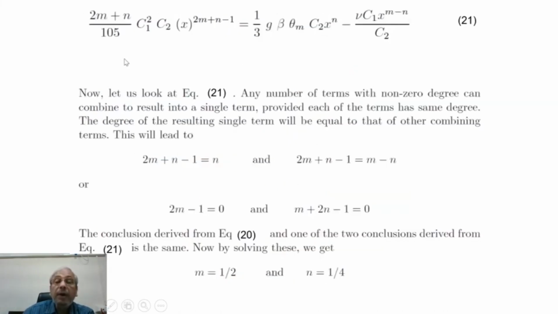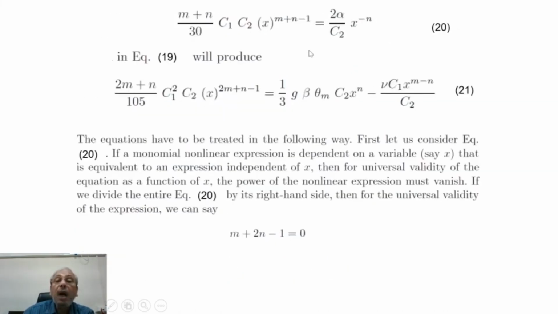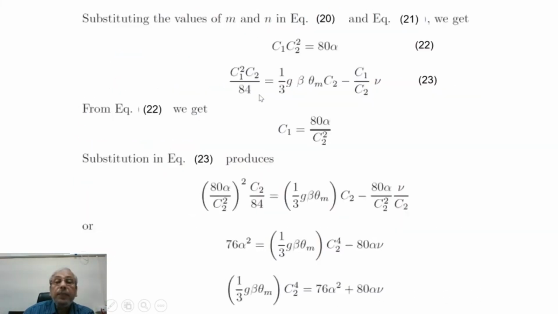So after having obtained m equal to half and n equal to 1/4, we can get a further reduced form of equation 20, and that is given by C1 into C2 square equal to 80 alpha (22), C1 square into C2 by 84 equal to 1/3 G beta theta m C2 minus C1 by C2 into nu (23).